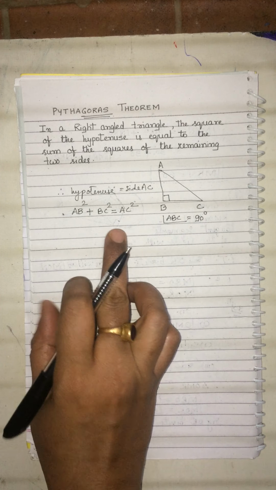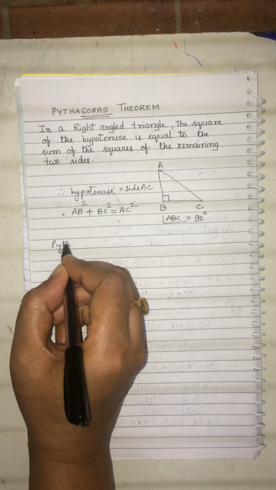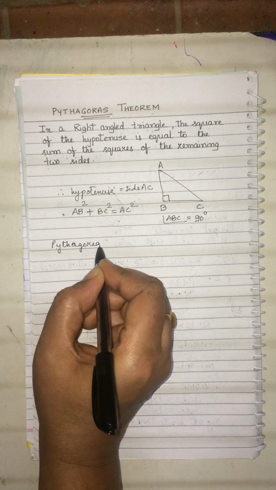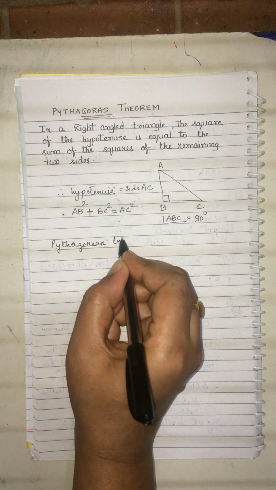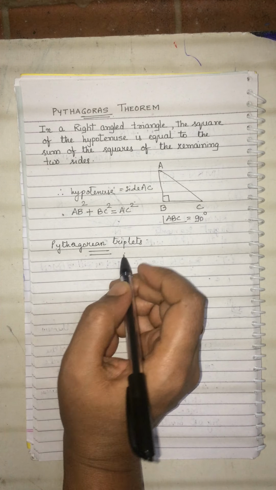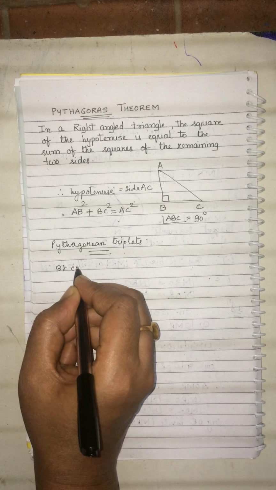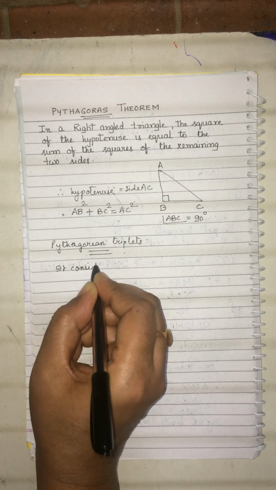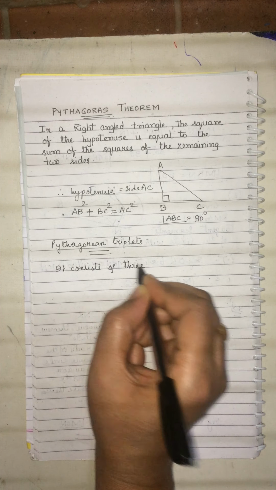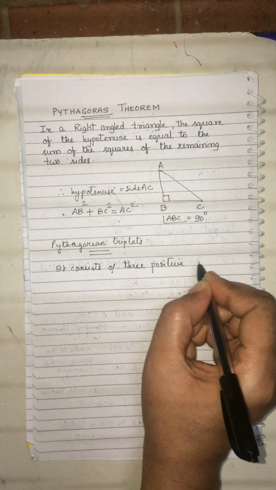And along with this we have one more theory, that is Pythagorean triplets. Triplets means 3. And what is this? Pythagorean triplets consist of 3 positive integers, children. 3 positive integers.